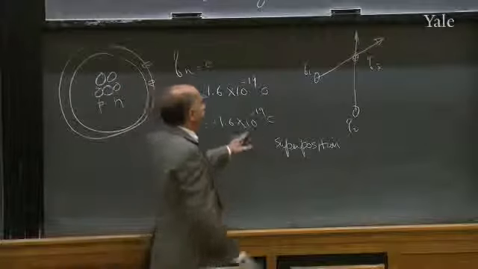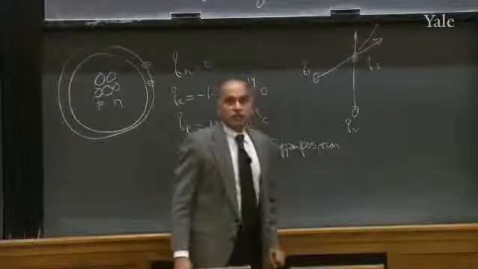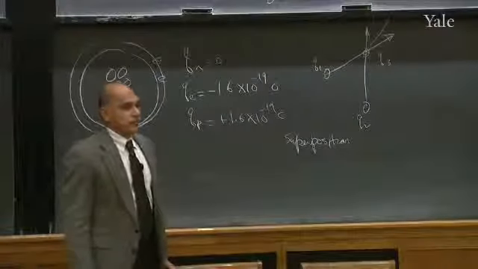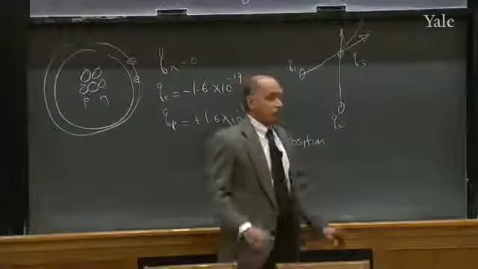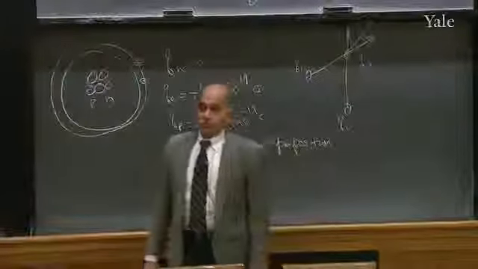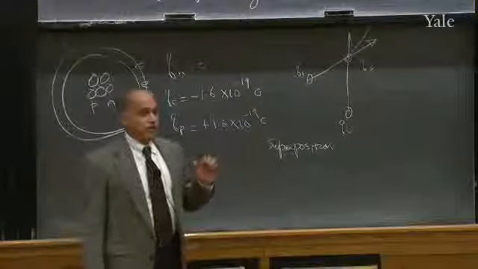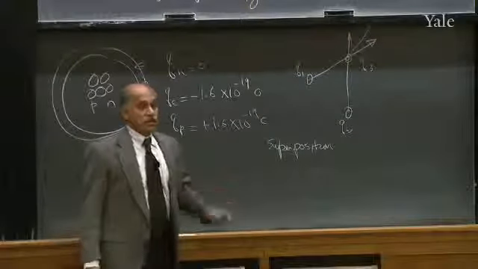The fact that you can add these two vectors is not a logical requirement. In fact, it's not even true at an extremely accurate level that the force between two charges is not affected by the presence of a third one. But it's an excellent approximation, but you must realize it is something you've got to find to be true experimentally. It's not something you can say is a logical consequence.